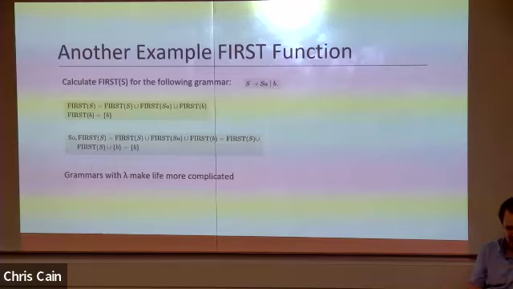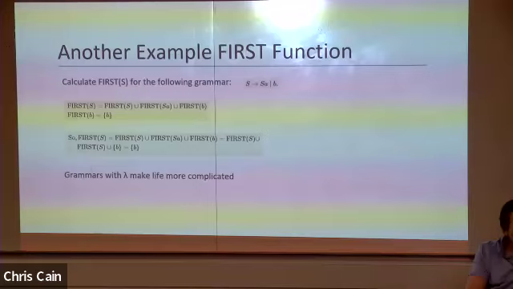That means the only string that can be accepted by this grammar has to start with a B. There is no way for a string to start with an A, and you can logically go through that and verify it for yourself as well.